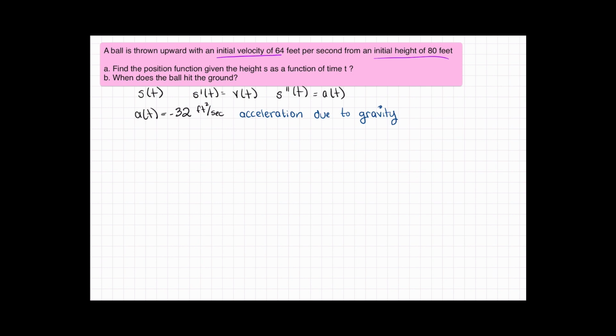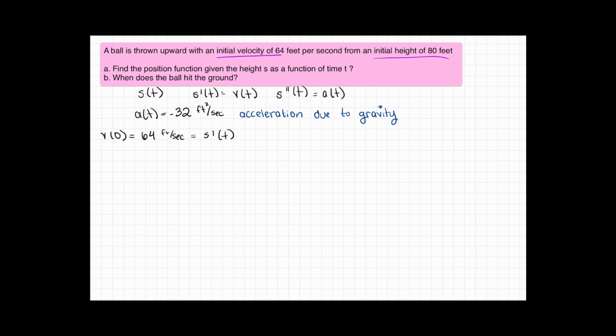I always like to write out what's given to me in terms of math. So let's convert this word problem into math symbols. A ball is thrown upwards with an initial velocity of 64 feet per second. I'm hearing velocity, so we have velocity at time 0, v of 0, that's going to be 64 feet per second, and that's the same thing as the derivative of the position.